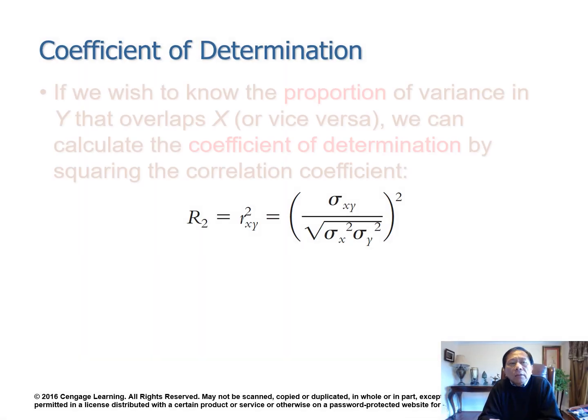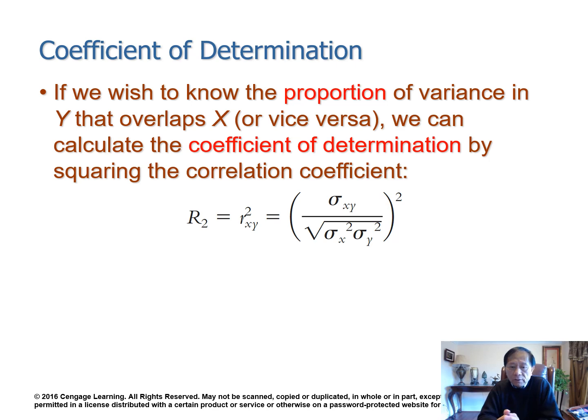There's another term called the coefficient of determination. Remember there's a difference here, right? There's a covariance, there's a correlation, there's a coefficient of determination. If we wish to know the proportion of variance in y that overlaps x, or vice versa, we can calculate the coefficient of determination by squaring the correlation coefficient.